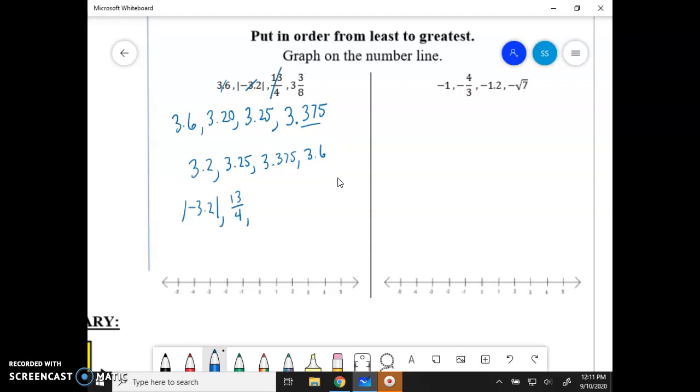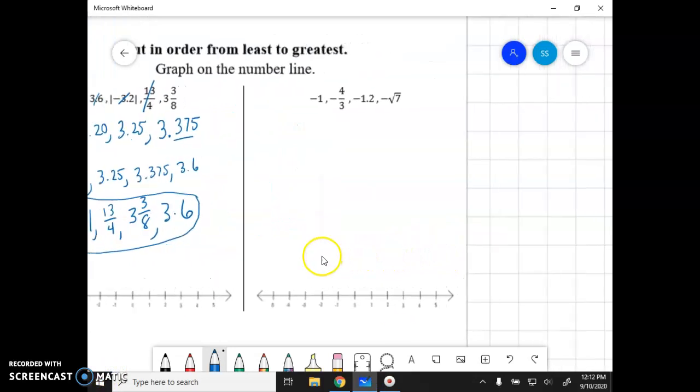We're done with that one. Then we got 3.375, so that was 3 3/8. And the last one was just a decimal, so we can just put 3.6 there. All right, so there is your final answer. That is from least to greatest.